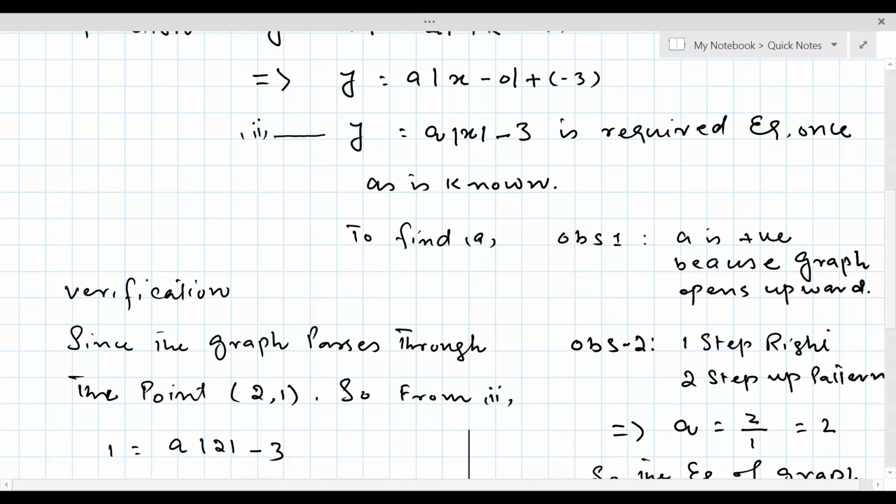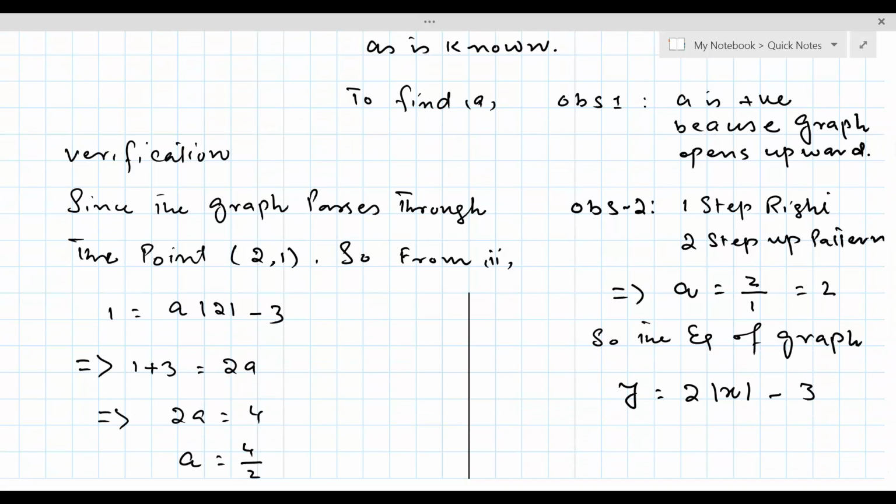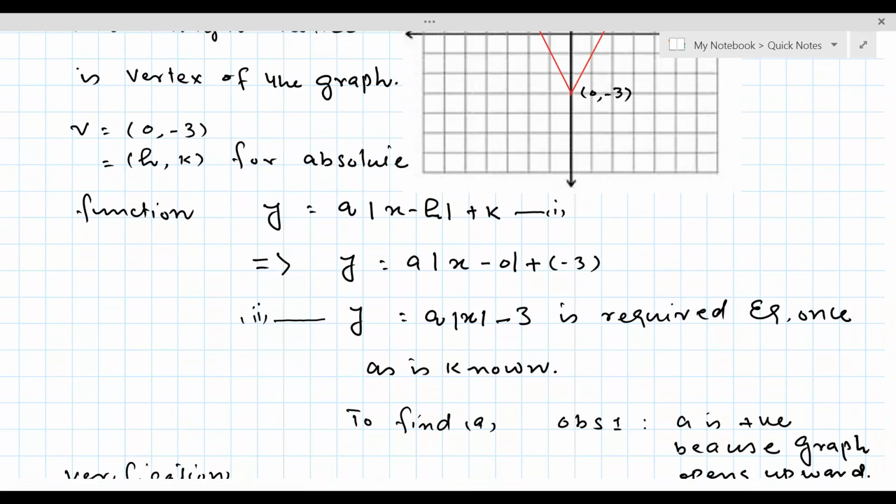Once we have found the vertex, you know the values for h and k. So knowing h, k and a, you can substitute these values in equation 1. That will give us the equation of the absolute valued function.